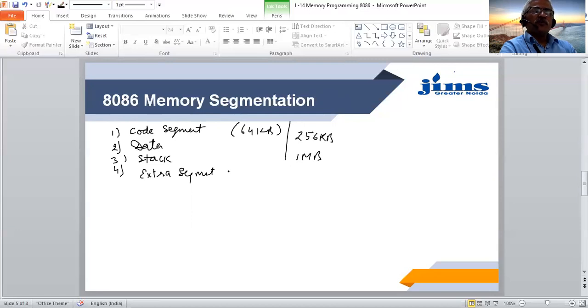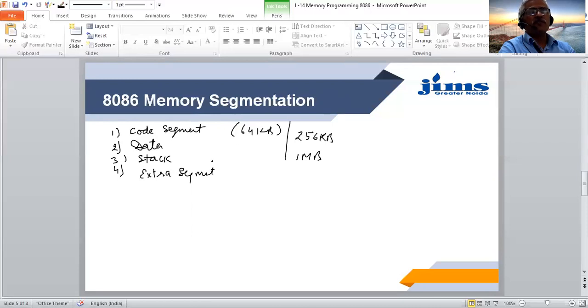So, the segments can be used in an overlapping and non-overlapping manner. That is, even a single segment or more than 1 segment can be used for the same purpose, so as to achieve the total memory address space of 1 megabyte. Now, how do we address the memory using the segment registers?